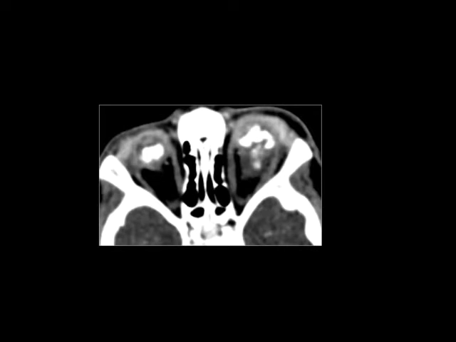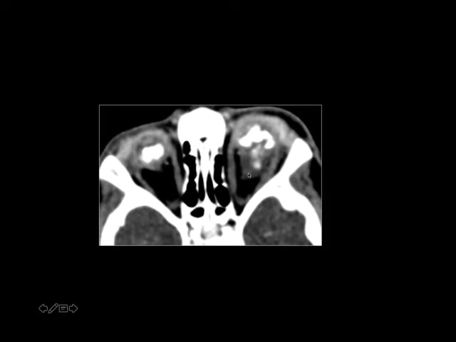The optic nerve could not be visualized in the entire extent. On the left side, is it confined only to the globe, or is it going out? It is having extrascleral extension, going into the retrobulbar region. So this is the intraconal space, right?